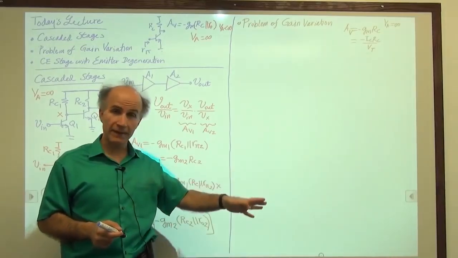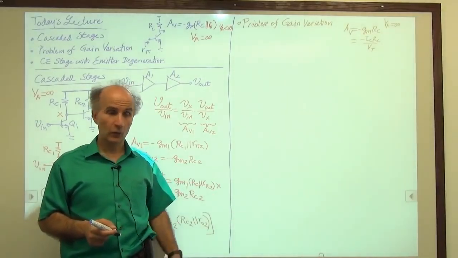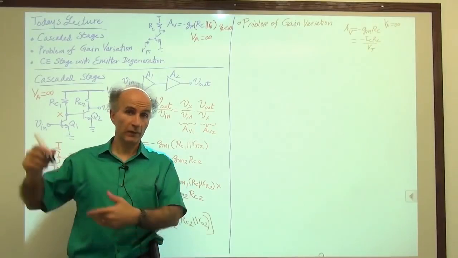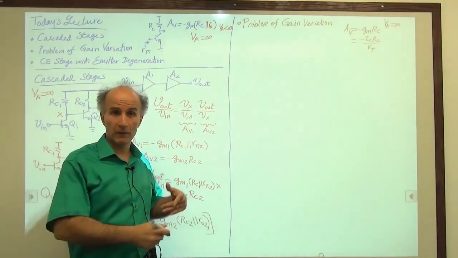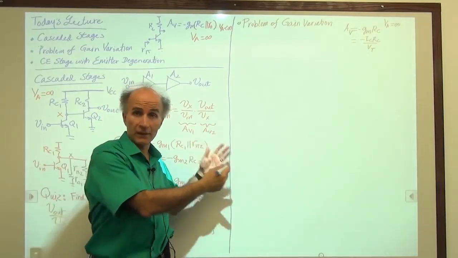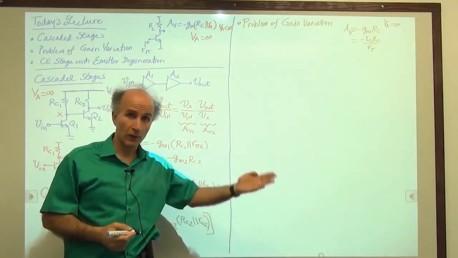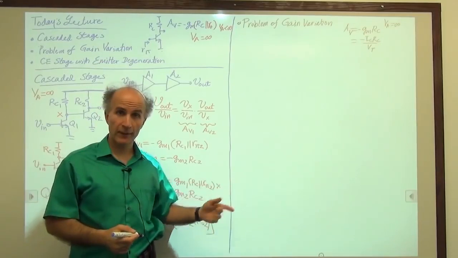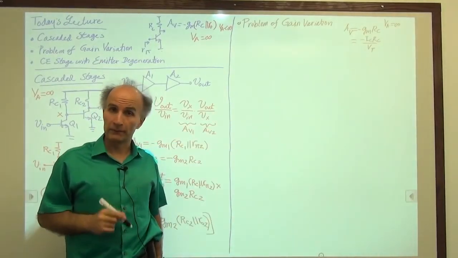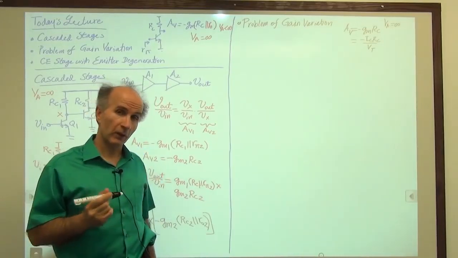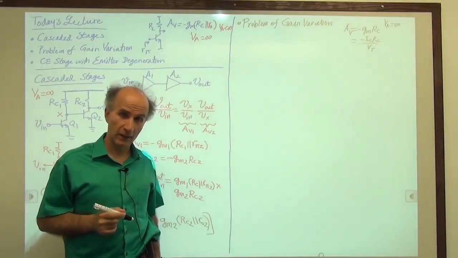So you have 10 different samples of the same amplifier, and use one of them here, one of them in Helsinki where it's really cold in winter, use one of them in Saudi Arabia where it's really hot in the summer. So will all of these different amplifiers have the same gain or not? Well, no. So this is what we call the problem of gain variation.